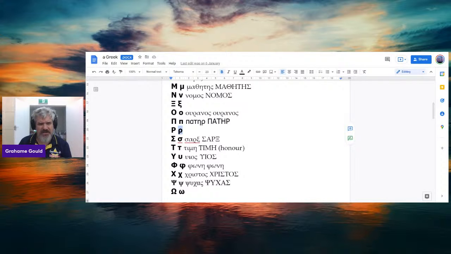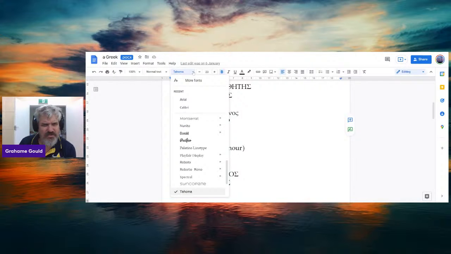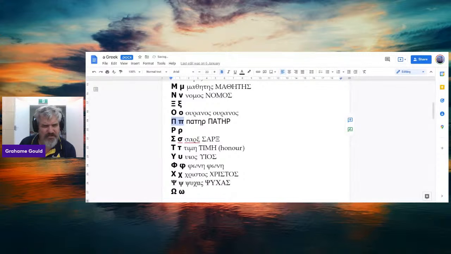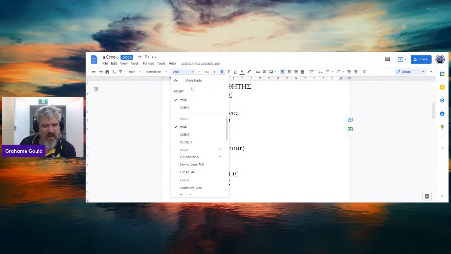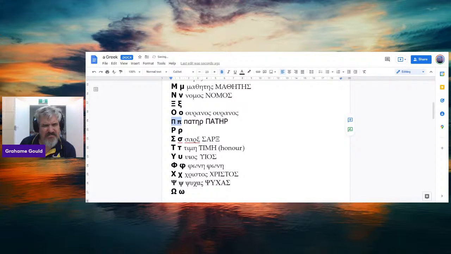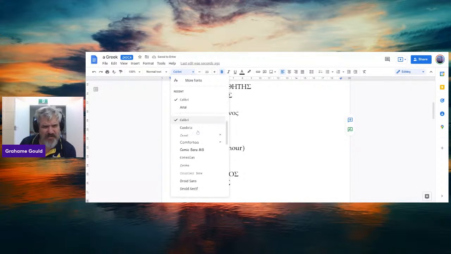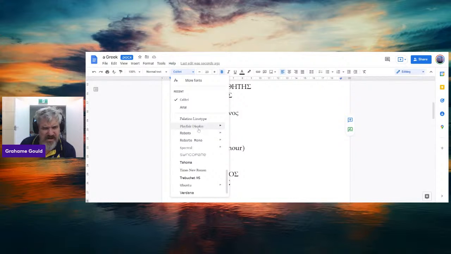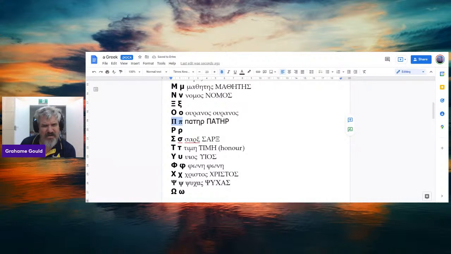So the R sound actually looks like our P, and their P sound looks, well, if you know pi, that's a strange way to draw it. Let's see if Times New Roman is a bit better.